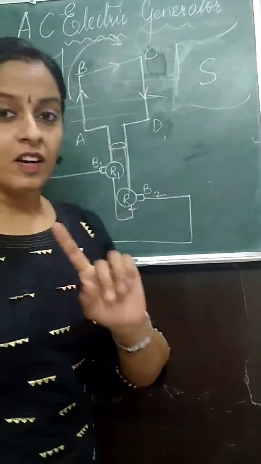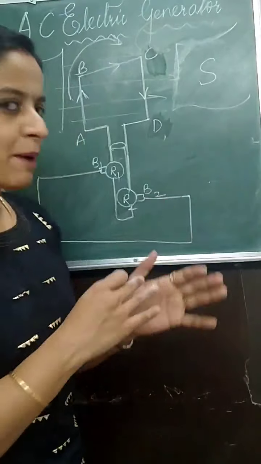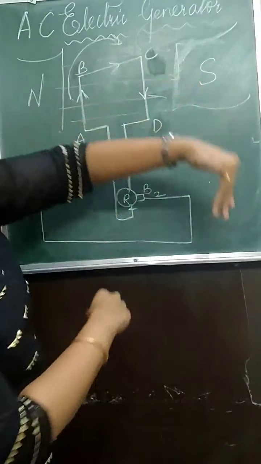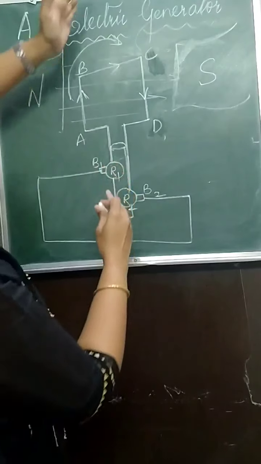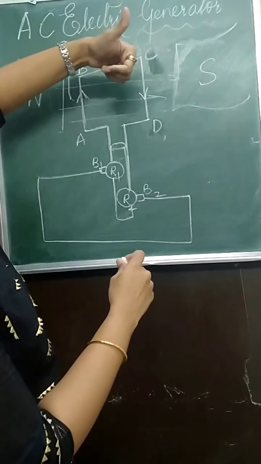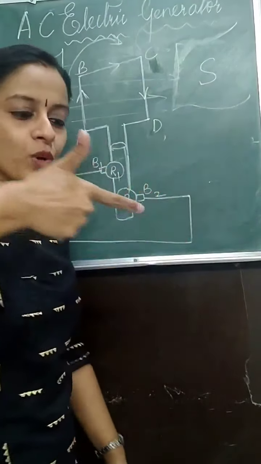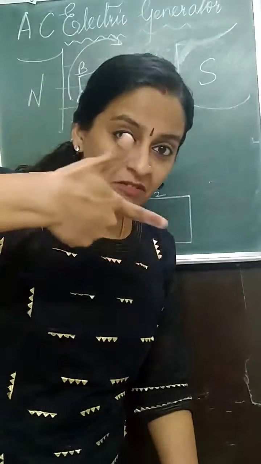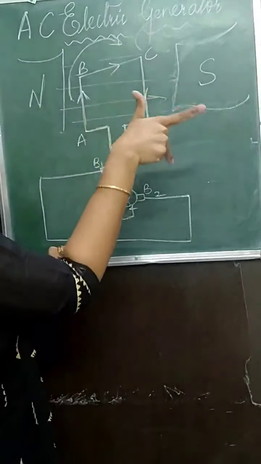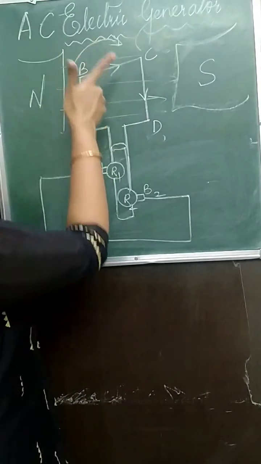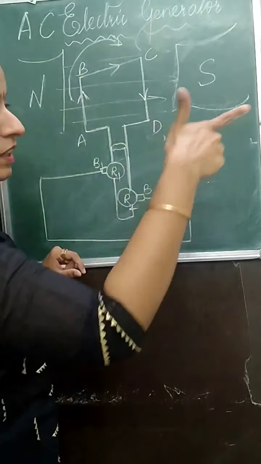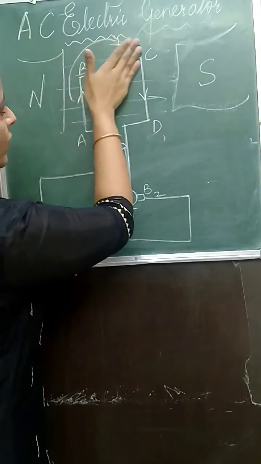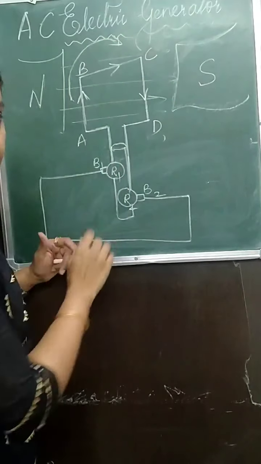Understood? Once again, let us do a quick recap. As you move the armature coil in clockwise direction, arm AB will go up. According to Fleming's right hand rule, this is the direction. The induced current is in the inward direction. Look at the middle finger, inward, and the direction of current will be from ABCD.